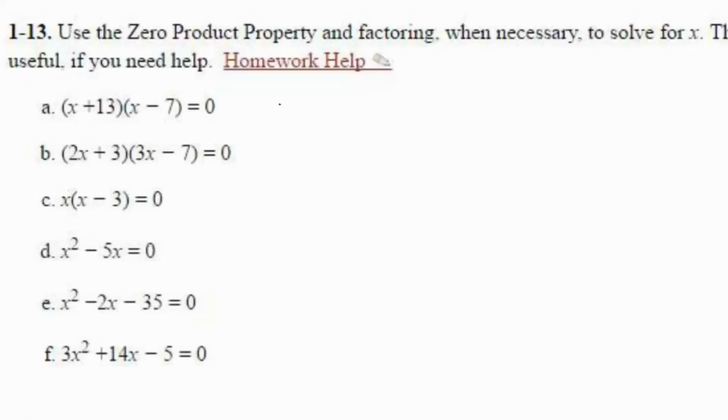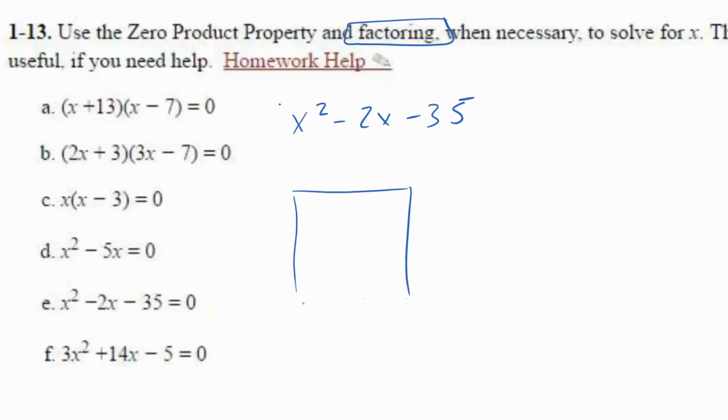And then in E, we're going to have to do some more factoring. X squared minus 2x minus 35. So we're going to do our box and diamond to get our factors.